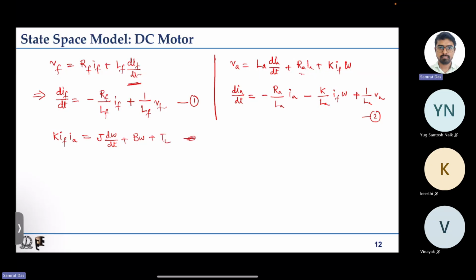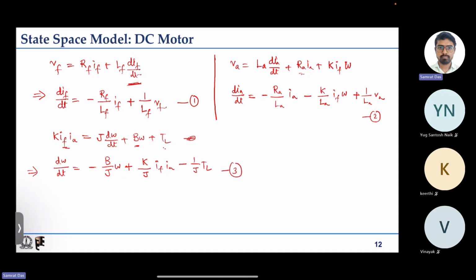Let me write it in appropriate form. d omega/dt is equal to minus B by J into omega plus K by J into Ia minus 1 by J into TL. Is it correct? J remains on this side, so this becomes positive, this becomes negative, this becomes negative.